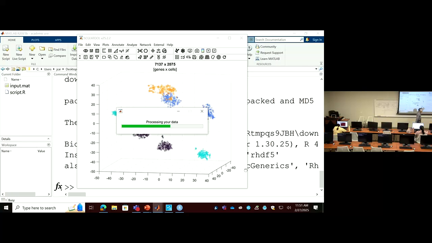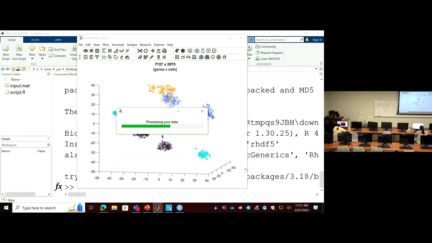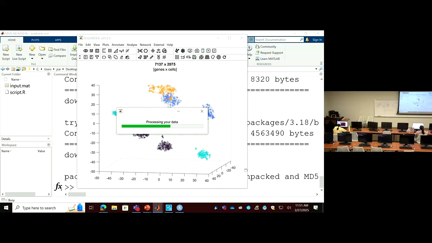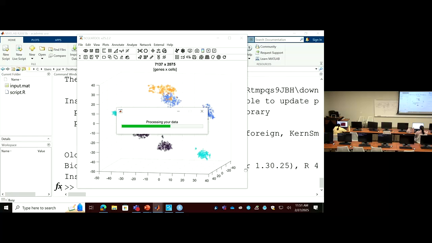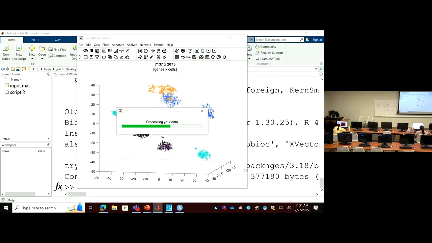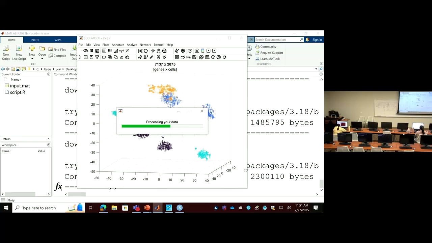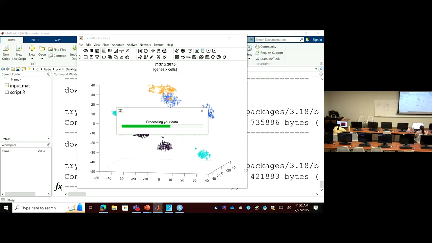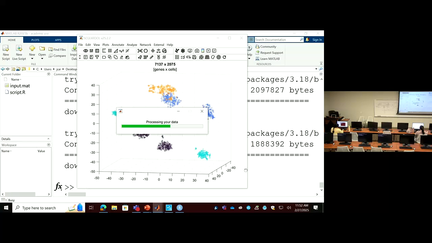So this one I'm trying the Surat package to let Surat process the data for me. Yeah, it doesn't matter, whichever you want. So you can see this is R running. Then I come back.